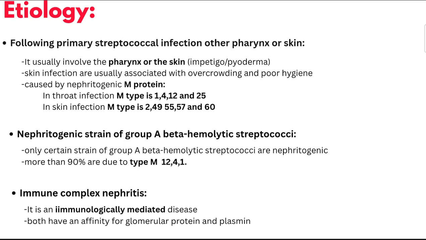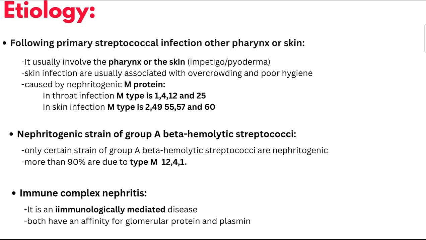Post-streptococcal glomerulonephritis arises from primary streptococcal infection, often in the pharynx or skin, with prevalence linked to overcrowding and poor hygiene. The nephrogenic M protein plays a key role, with specific types associated with throat infection 1, 4, 12, and 25, and skin infection 2, 49, 55, 57, and 60.